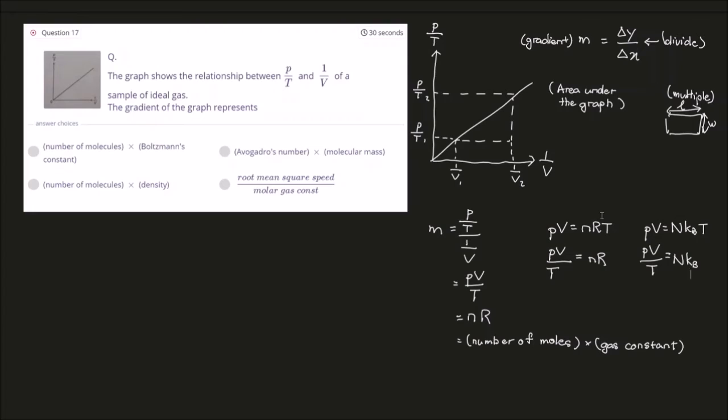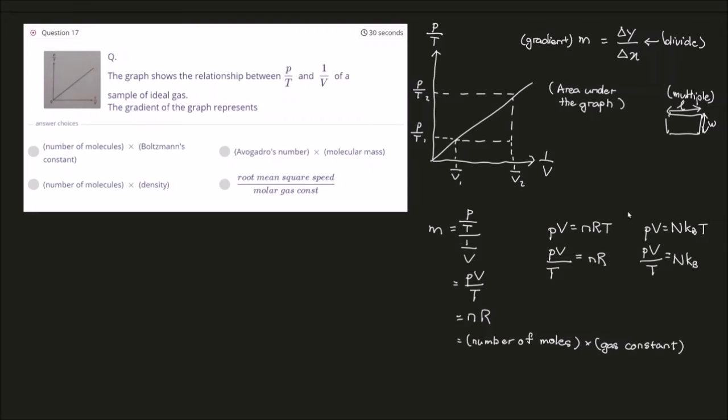If you analyze this gas on a molecular basis, then you use PV equals NkBT. They have the same usage. Basically, you see what they give to you, then you pick the appropriate formula. You can think of it like that.